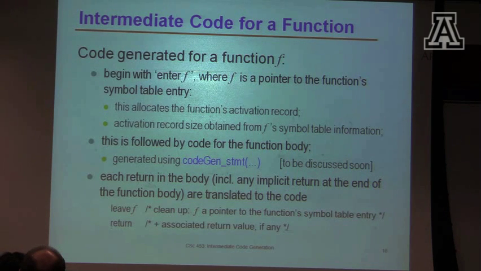Okay, so we looked at the structure of a three-address instruction. It's your basic C struct. You have a field that indicates what type of instruction it is, an add or a subtract or a conditional on greater than or whatever. And you have the operand fields, and the operand fields will typically point into the symbol table.